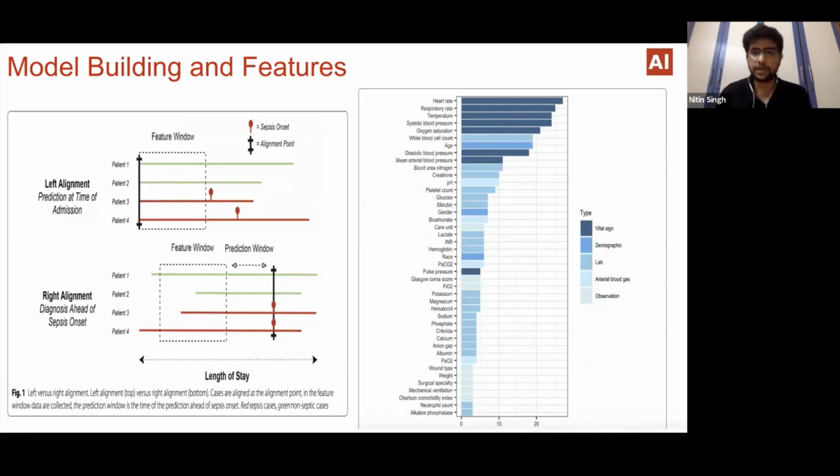On the right hand side we see the different features: vitals, demography, labs, arterial blood gas, and observations. This again depends on system to system and hospital to hospital.